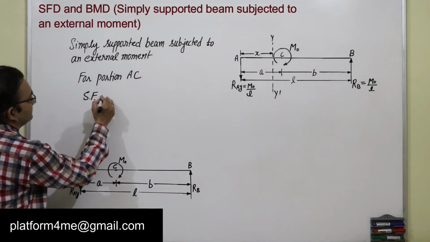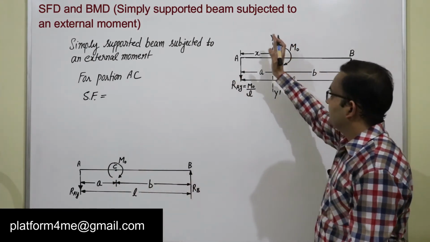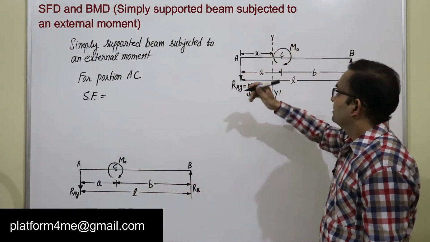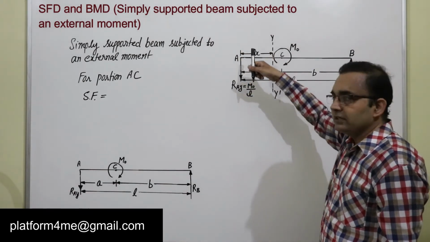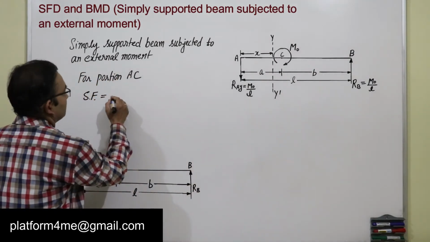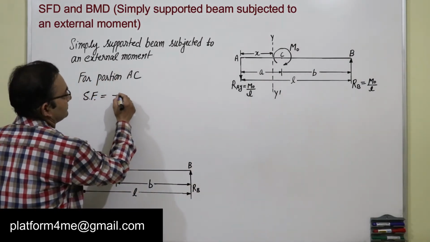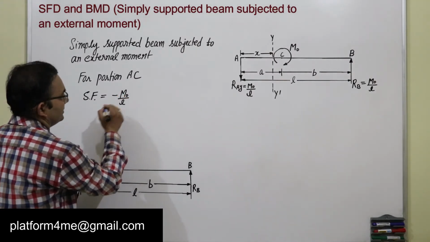Shear force, we will see towards the left of this section. This is the force which is downward, so it is negative, minus m0 upon L.